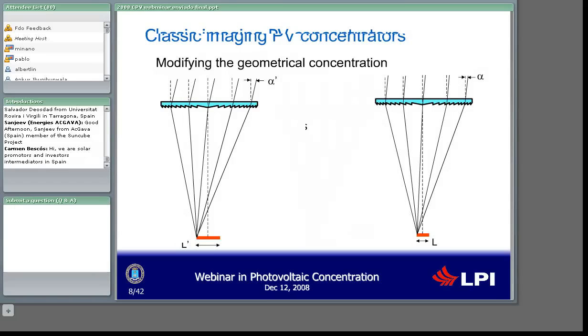Another simple concept to have in mind is how you can modify the concentration factor for a given classical imaging concentrator. Assume you take the lens that we were showing before and you just put a cell which is double in length.